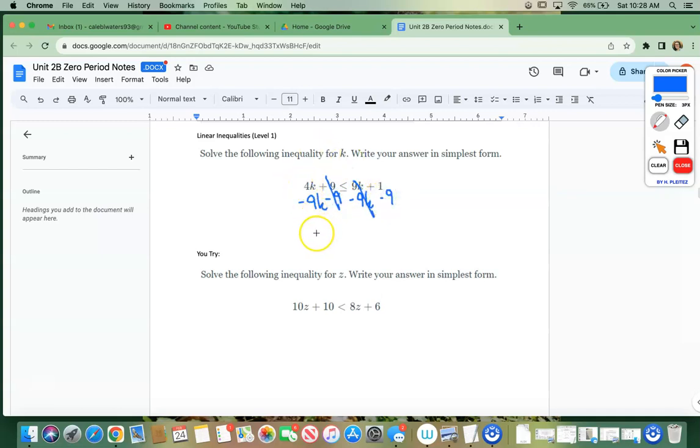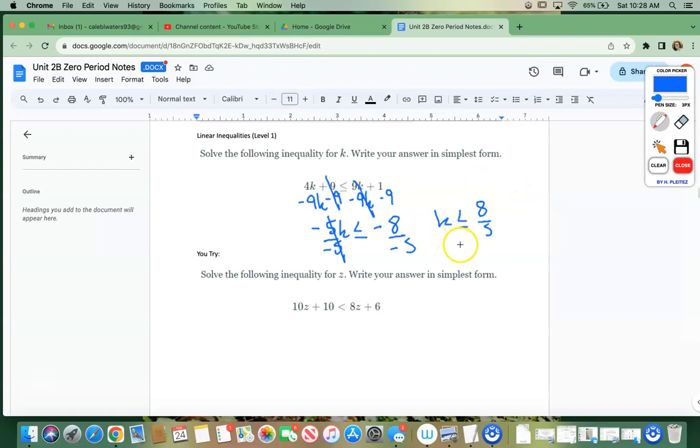So that makes this one negative 5k is less than or equal to 1 minus 9, so negative 8. So the only thing left with that k now is this negative 5. So let's divide by negative 5. So when I divide by negative 5, I'm getting k is less than or equal to 8 over 5. And it would be done, because k is by itself.